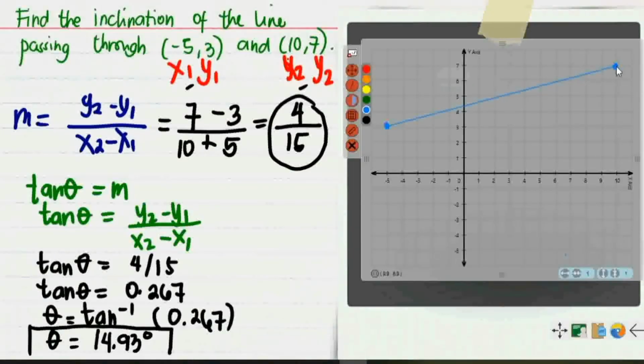So, tama naman yung nakuha nating slope which is positive. And then, yung rise niya which is 4. So, 1, 2, 3, 4. So, tama naman 4. And then, run which is 15. So, 1, 2, 3, up to 15. So, tama naman na 15. And then, yung angle, so 14.93.